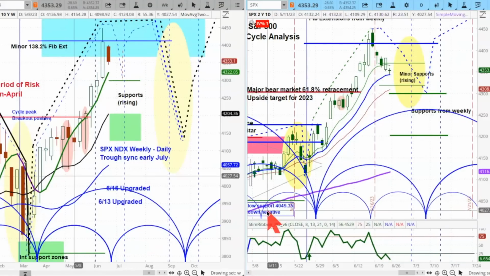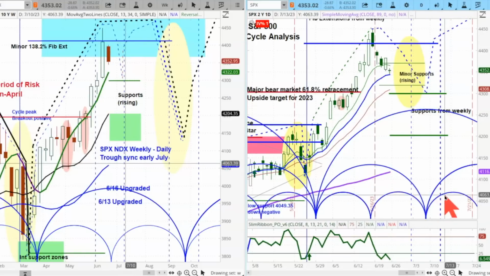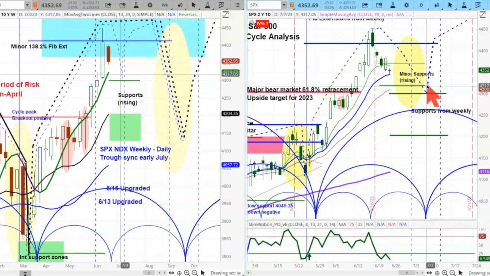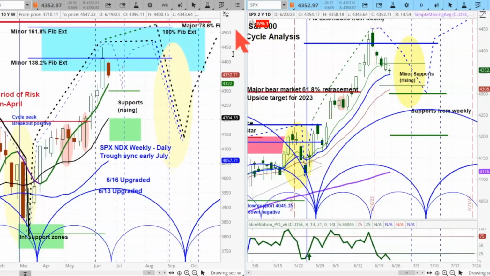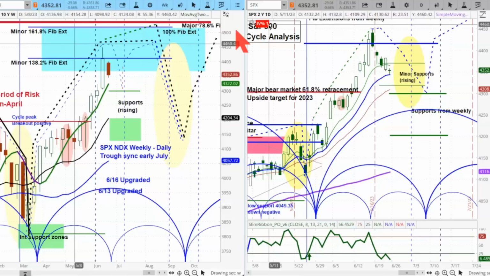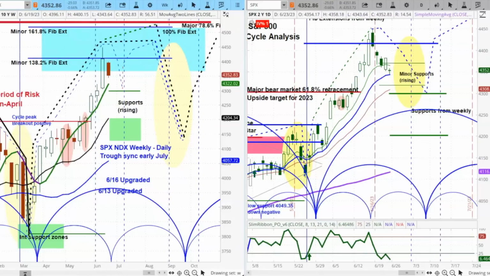So you have 1, 2, 3, and 4 cycles pushing to the upside in July, and that is suggestive that there will be another significant upside move in this July-August period, and that's why our upside target is right over here up to this 45.30 area right there.